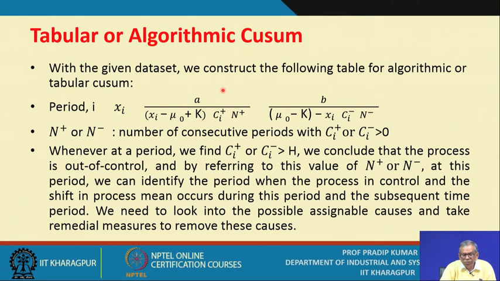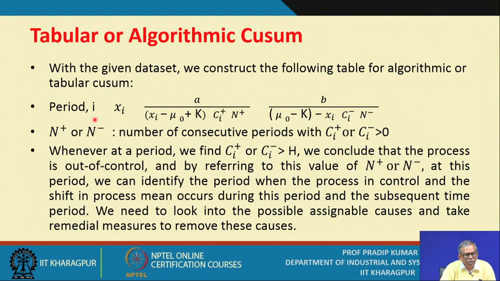So k is the midpoint between mu1 and mu0, unless otherwise specified. So that is the value of k, and the k is the allowance or the slack value, right? So this is the first column you have. Against each value of xi you have to compute this when k is known and mu0 is known. Then Ci plus, that means what is the cumulative value.